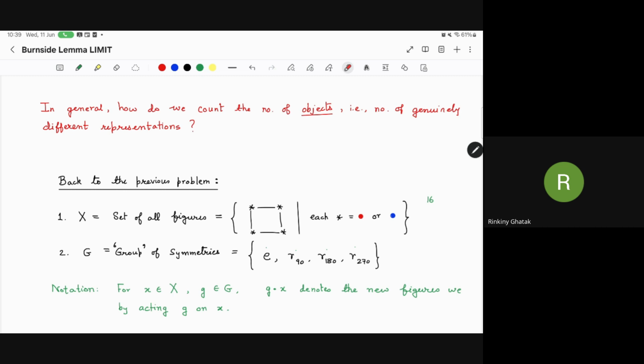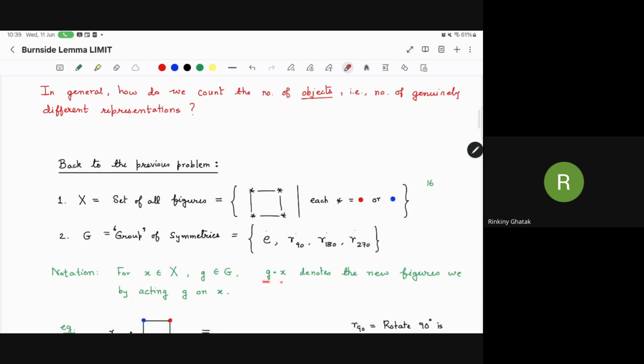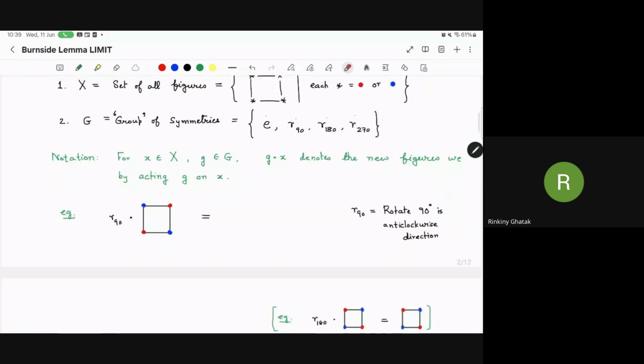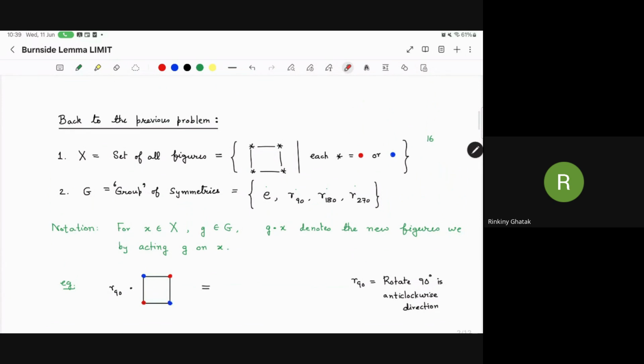All right. And we'll denote this by G dot X. You take G from this group of symmetries, G for group, and X, any figure. Then G dot X denotes the operation of G on X. For example, if you want to rotate this particular picture by 90 degrees, what you can do is grab the picture, make a copy, and rotate it by 90 degrees.